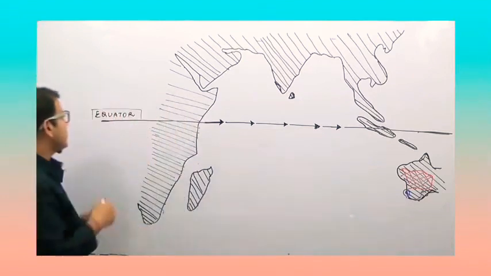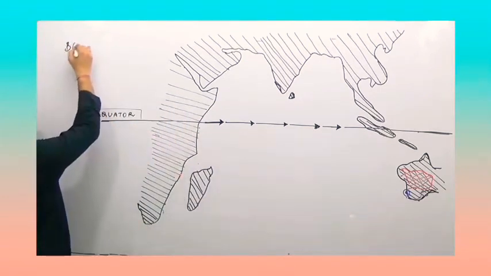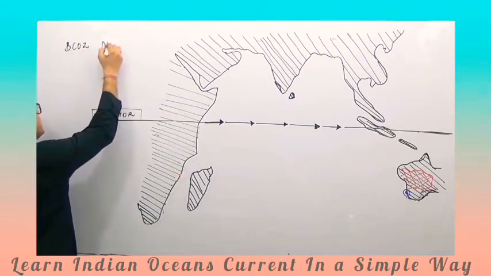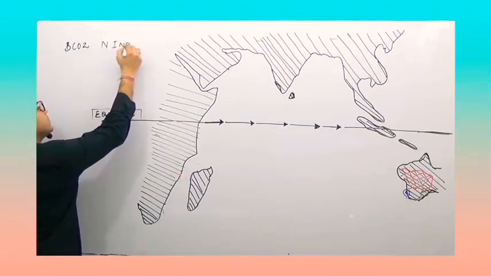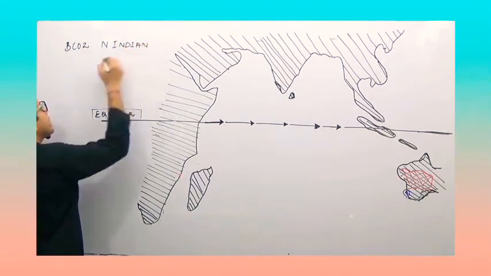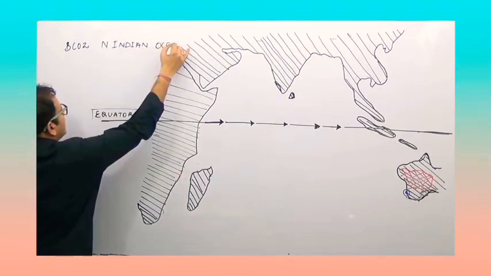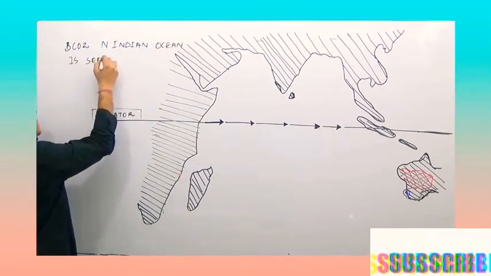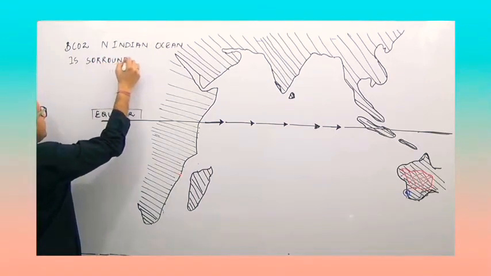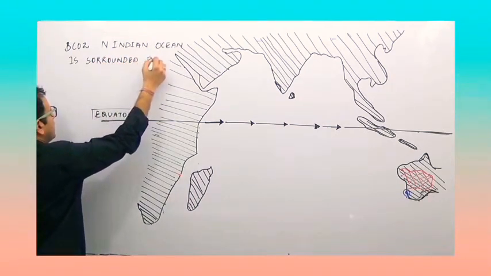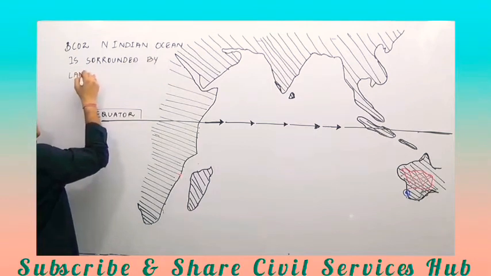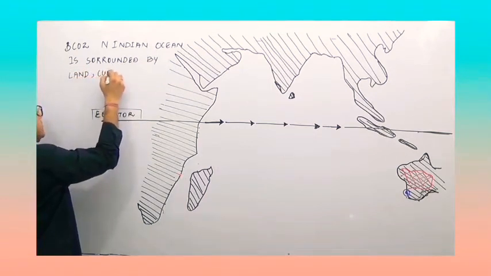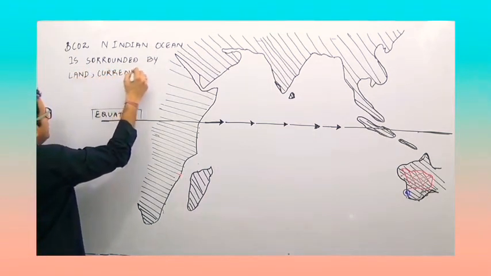So remember, the northern part of the Indian Ocean is surrounded by land. The current system is not well developed.